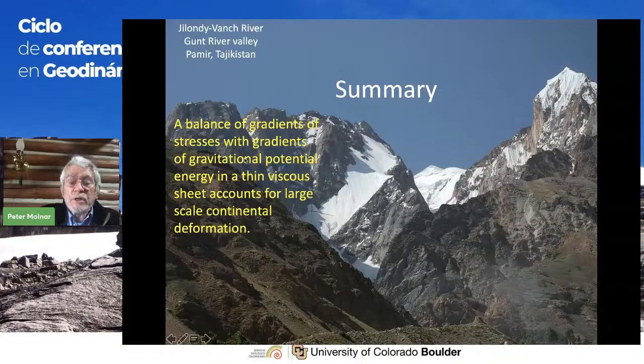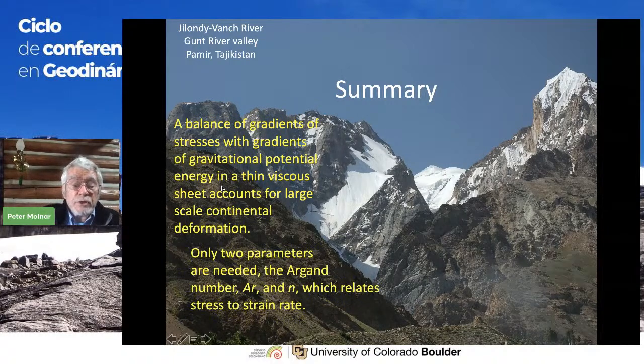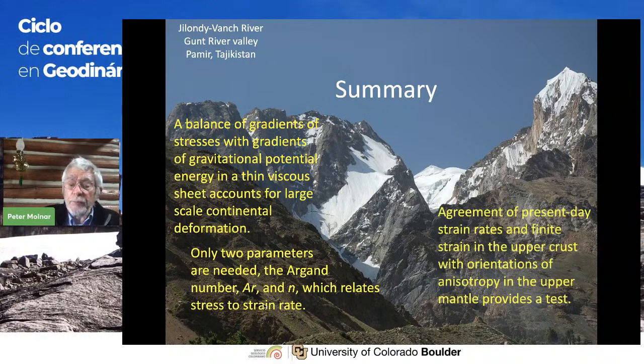Gravity, of course, is resisting the building of high terrain. The thin viscous sheet allows us to do this. In general, though it failed with Tibet, only two parameters are needed: the Argand number, which scales the gravitational resistance to the viscous resistance, and n, which relates stress to strain rate. Just two parameters. This is elegantly simple.